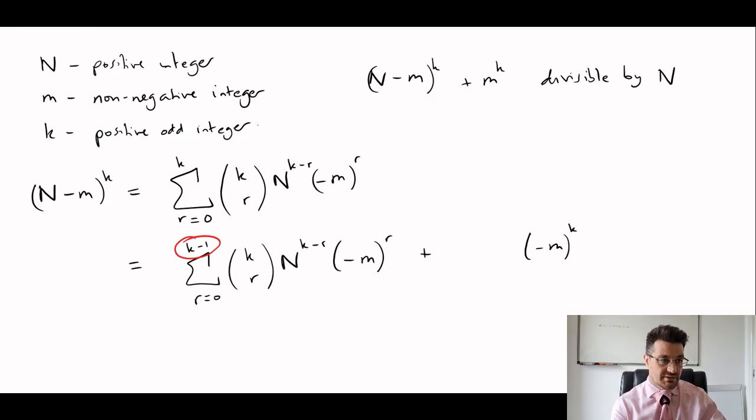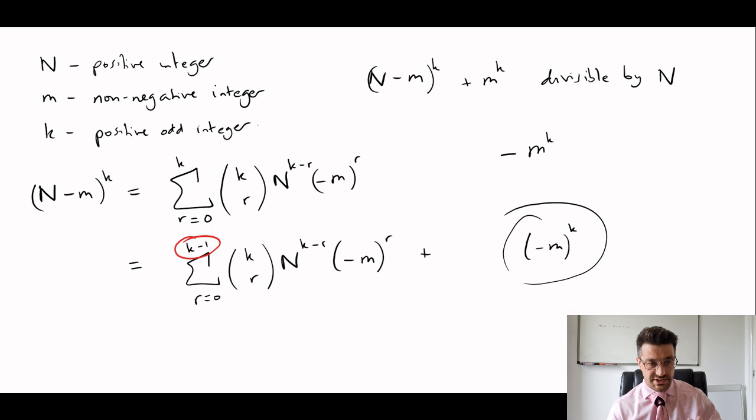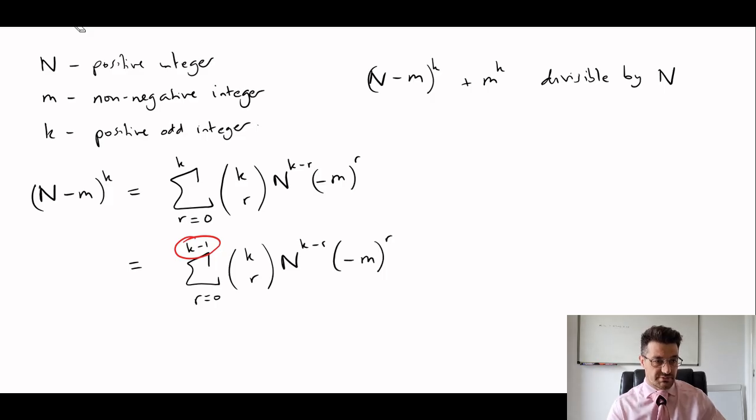Now, because k is a positive odd integer, (−m)^k is going to be equal to −m^k. This is purely because k is a positive odd integer, so I can replace that with −m^k, and I can get rid of the plus sign as well.